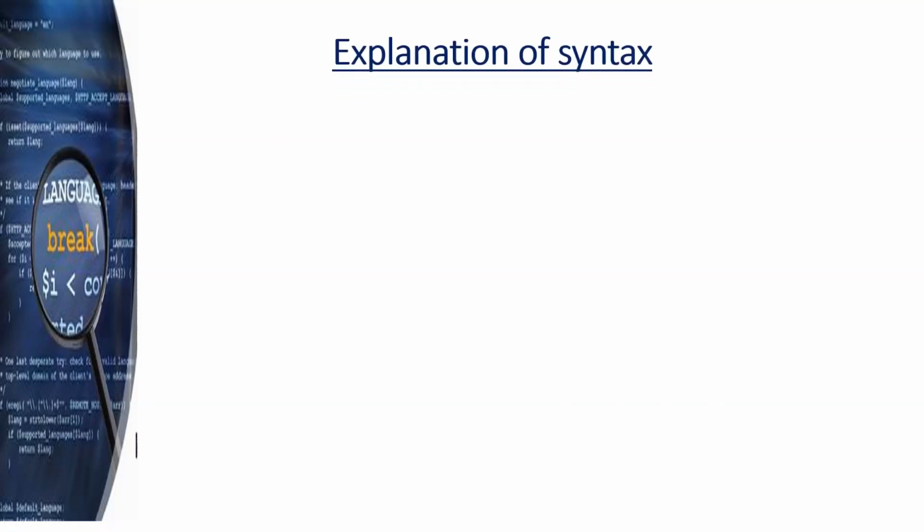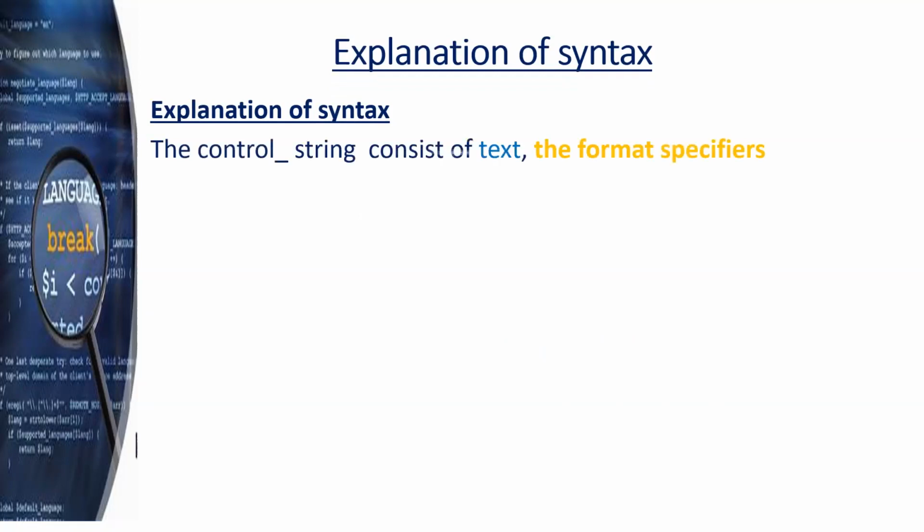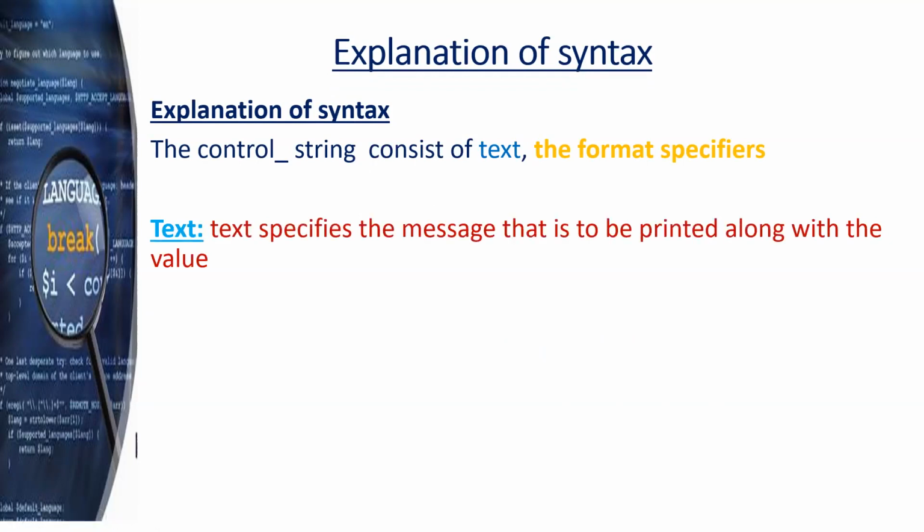Explanation of the syntax. The control string consists of text and the format specifiers. Clear? Text means specifying the message that is to be printed along with the values.